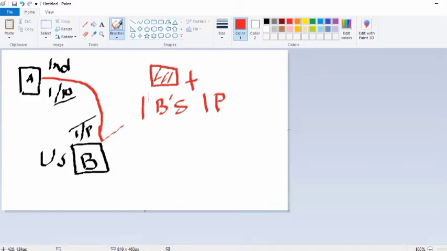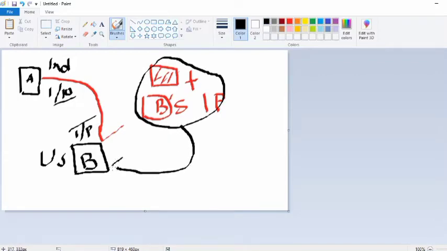The device name is B, right? So the device's IP will also be attached, and after attaching both things, this whole package is sent to B. So it goes from A to B with the data and B's individual IP address.